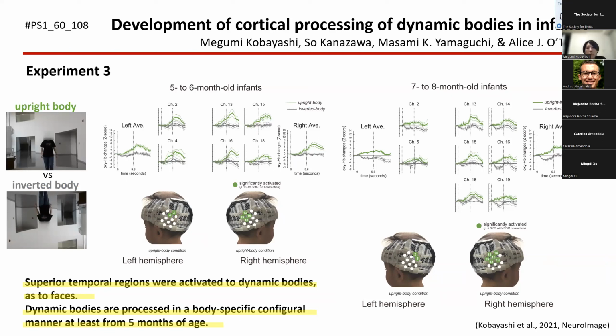As shown here, the superior areas of the bilateral temporal region show the body inversion effect. So I would appreciate it if you give us some comments in person, after the presentation next Monday or on the website. Thank you.